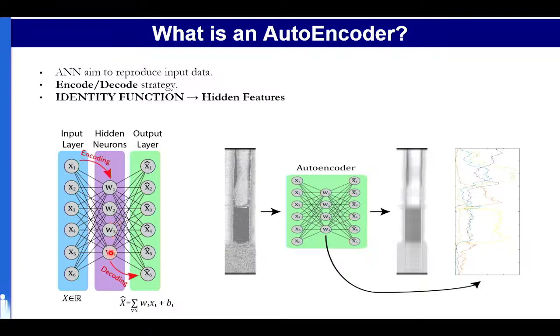Let's say you have an image of 100 by 100. I can create a neural network that will transform this 100 by 100 volume to, let's say, 32 numbers. And then I have to upsample and make the inverse process to build again the 100 by 100.